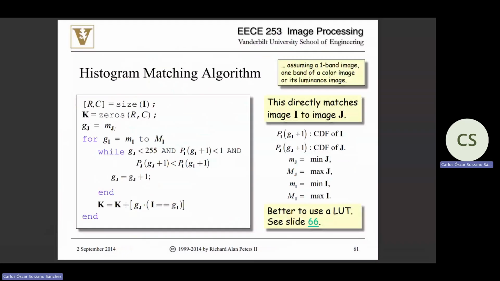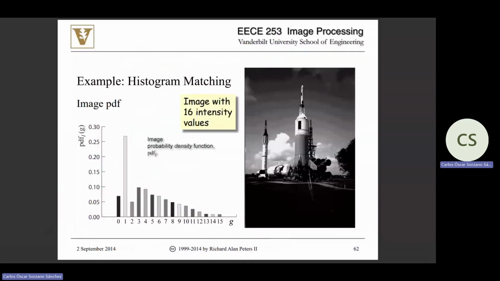Very good. Now this is the pseudocode to get that. We don't care about the pseudocode. And here's an example. We have this image, we have this PDF, and this image has only 16 intensity values. You can see that here, it goes in steps.